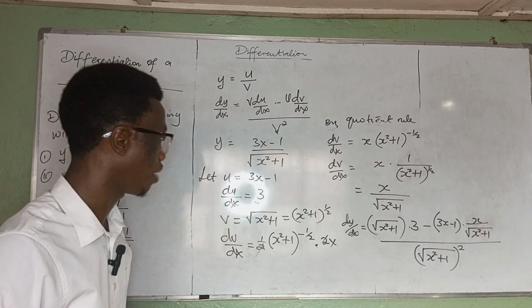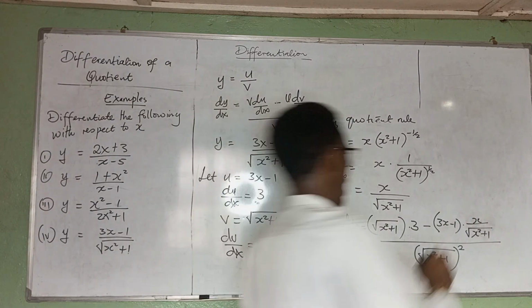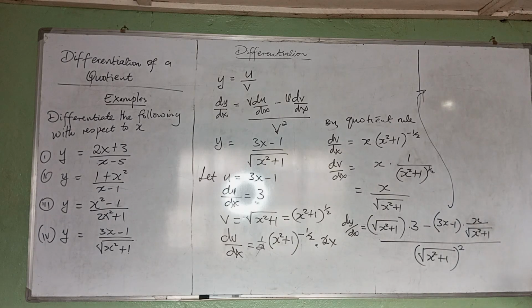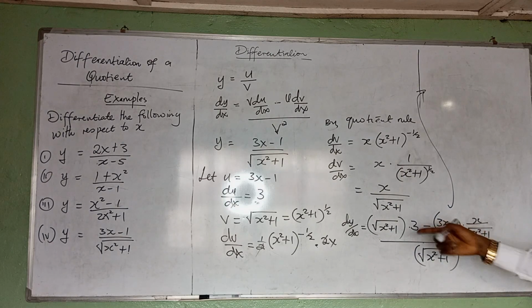I know it's getting messy now. So here a root and this cancels, because this is just like half. If you have half multiplied by 2, then the 2 and 2 cancel. Now we multiply.